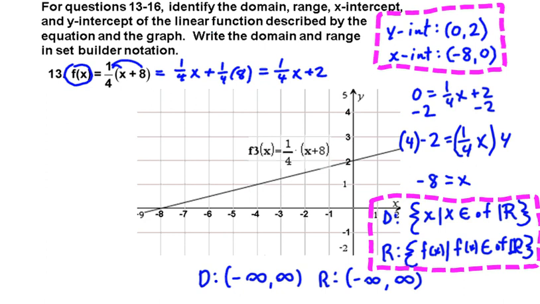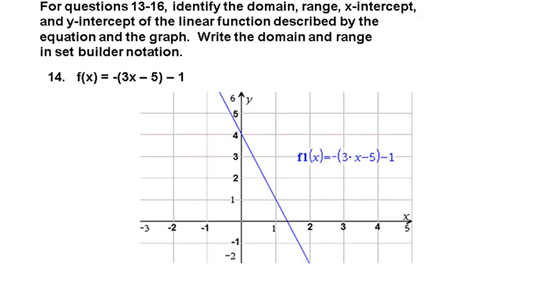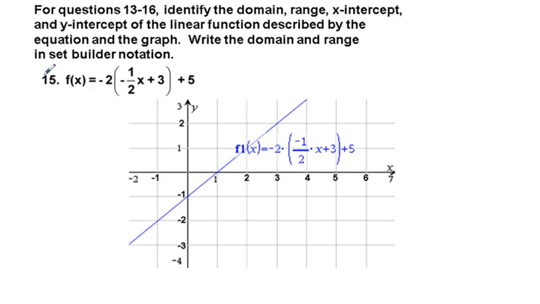Okay, next, we're going to go over problem 15. By the way, I'm going to do 15, 17, and 19. Same instructions here, but we have f of x equals negative 2 times negative 1/2 x plus 3. So we're going to distribute just as we did before.